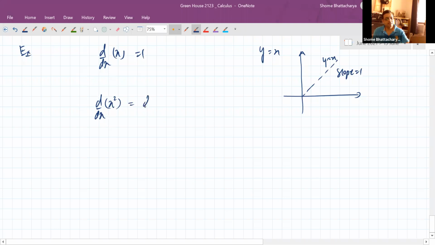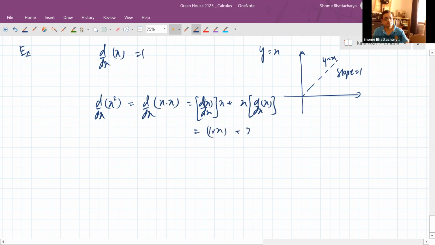You can treat it as differentiation of x into x. So that is differentiation of x whole thing into x, plus x. I mean, it's really an unnecessary way of doing things, but you can see it gives you an interesting result. So it is 2x.